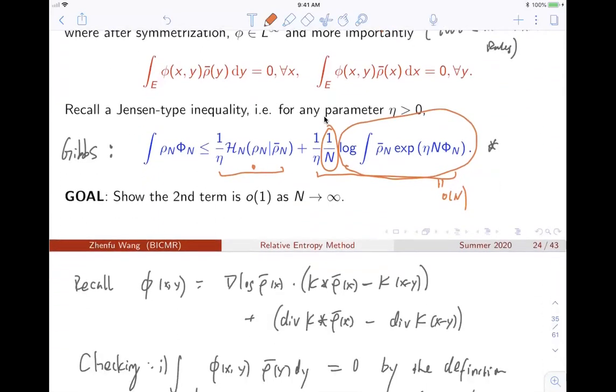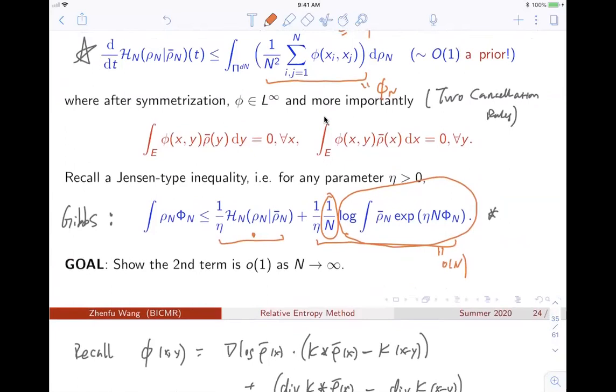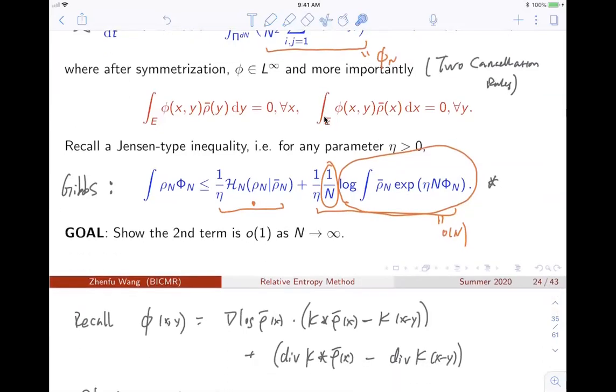In a very specific setting, let's say phi is bounded and its infinity norm is small, but that's not very important because you can change the parameter. If phi is bounded, we can show, by choosing eta to be very small, that this quantity is not only of lower order in n, it is actually uniformly bounded. So this is our first main estimate.